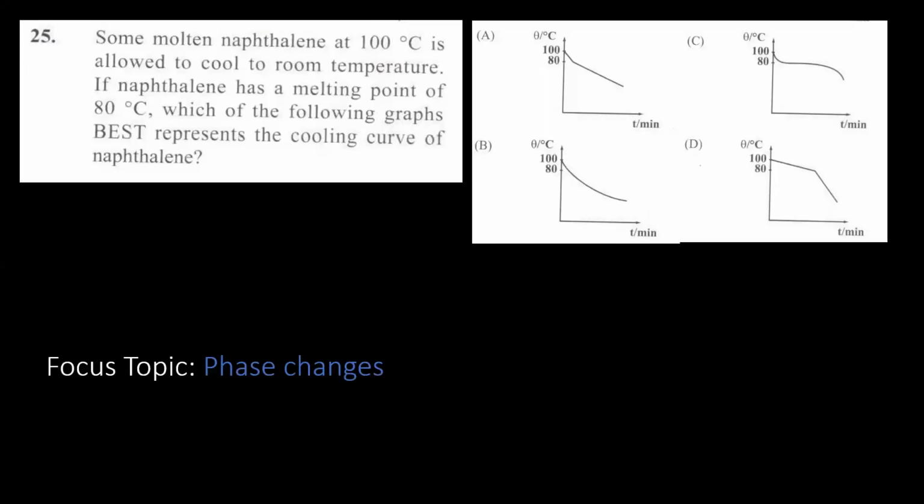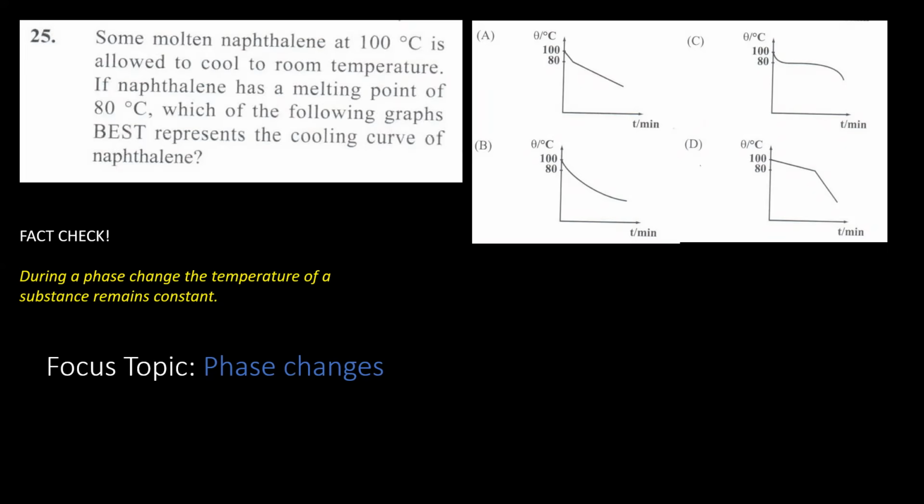For number 25, we have some molten naphthalene at 100 degrees Celsius that is allowed to cool to room temperature. If naphthalene has a melting point of 80 degrees Celsius, which of the following graphs best represents the cooling curve of naphthalene? Now, what we know is that whenever there is a phase change, and we're going to have a phase change here from liquid, because the naphthalene is heated above its melting point.